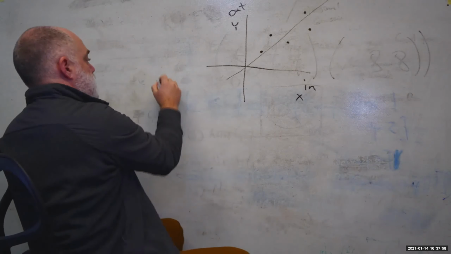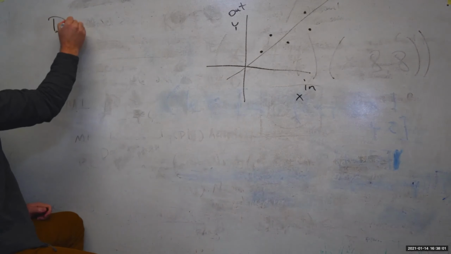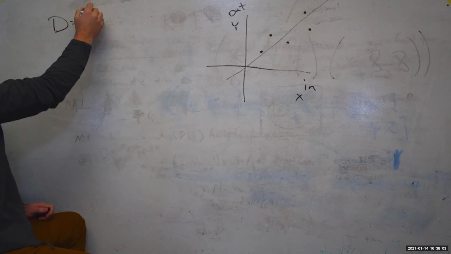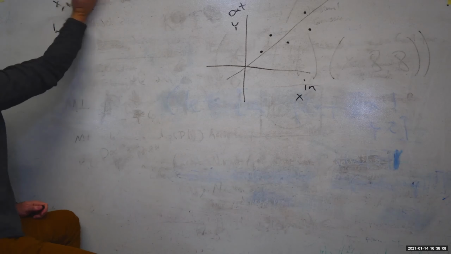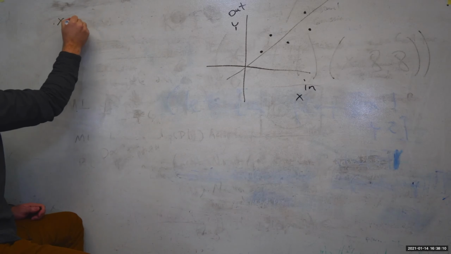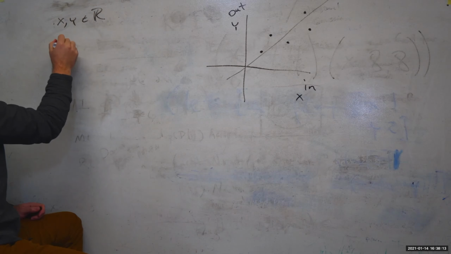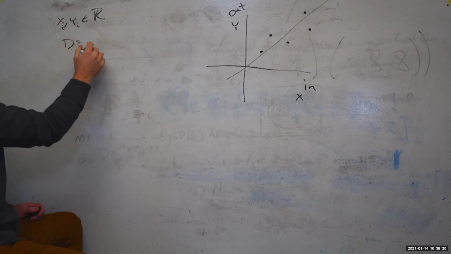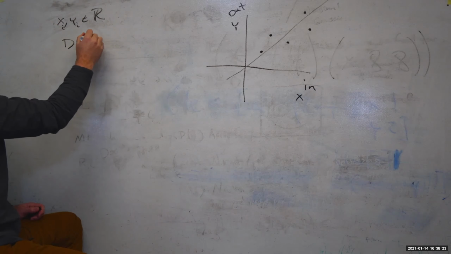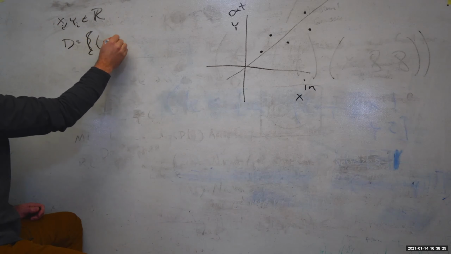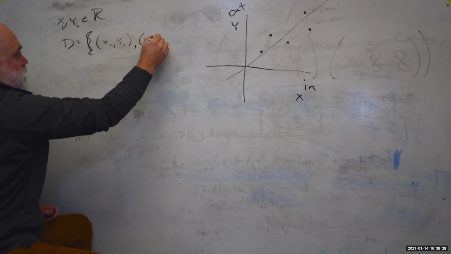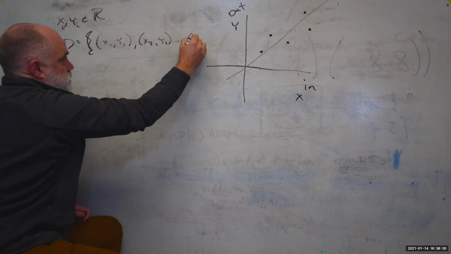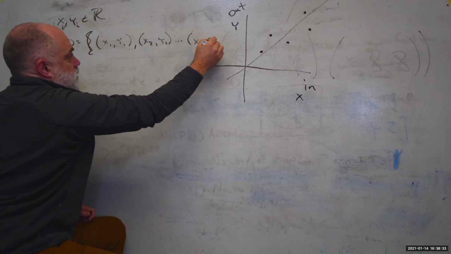So our data is going to be a set, so x and y are in R, and our data will be a collection of pairs x1, y1, x2, y2, up to xn, yn.